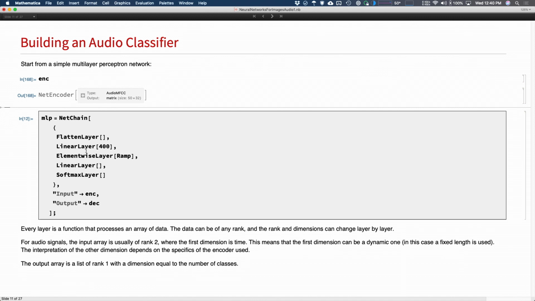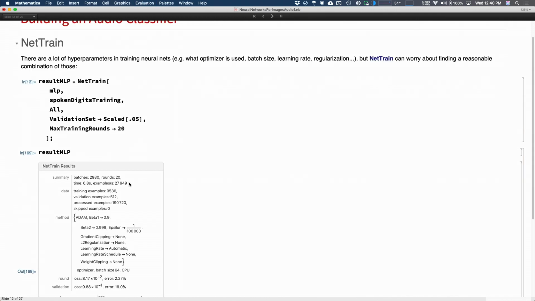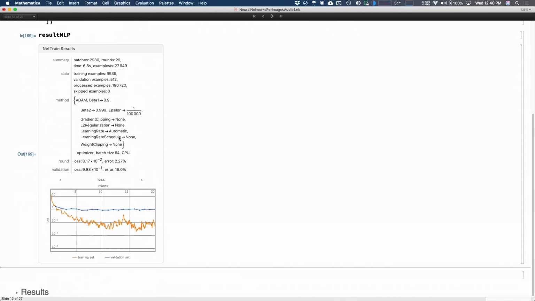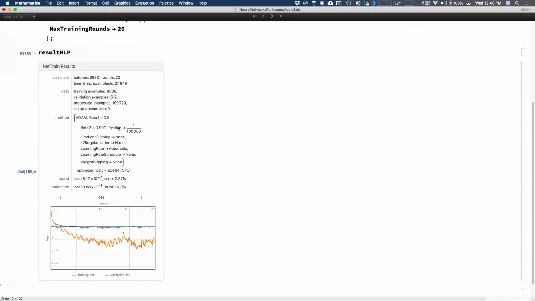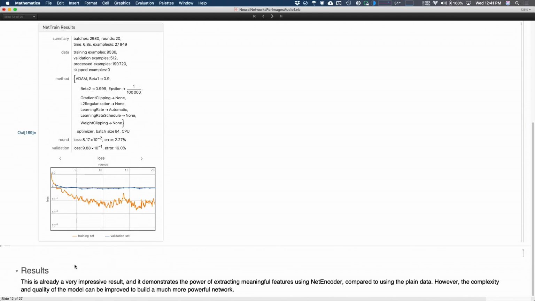This is essentially the most basic neural network that you could imagine. Even though it is extremely simple, and as you can imagine, fast to train, this took just 6 seconds, I think, yes. The results are still pretty impressive.